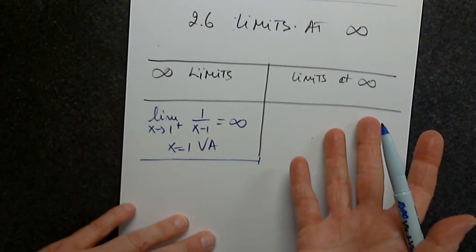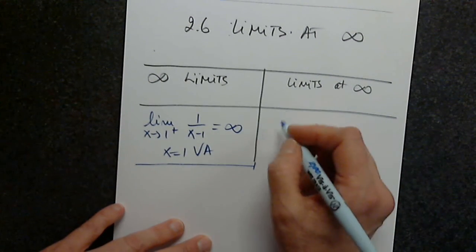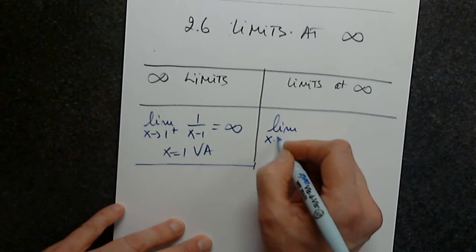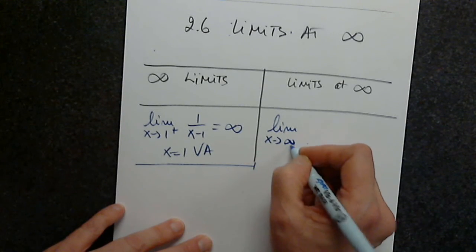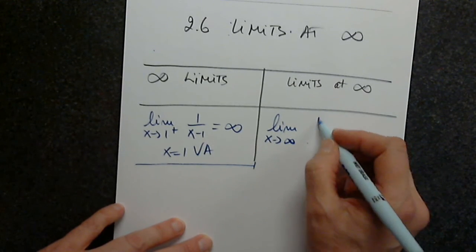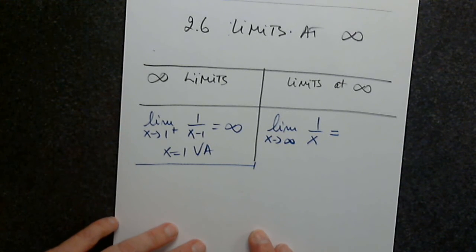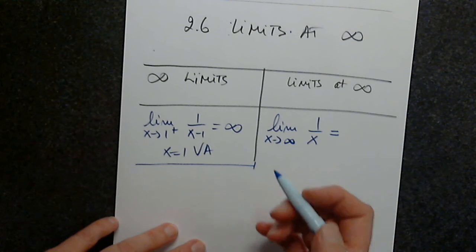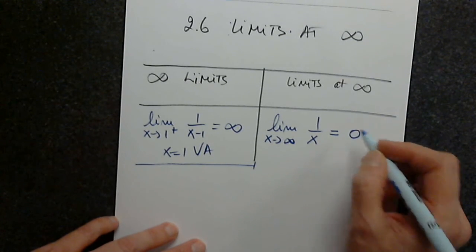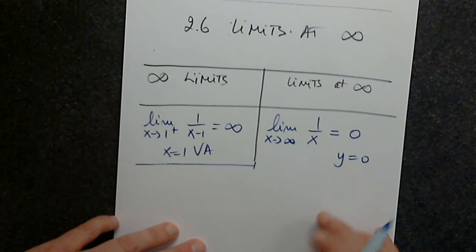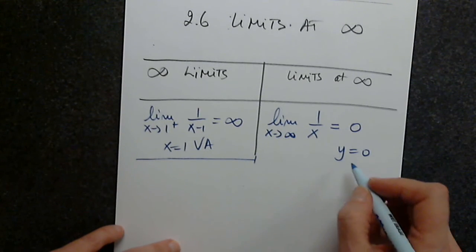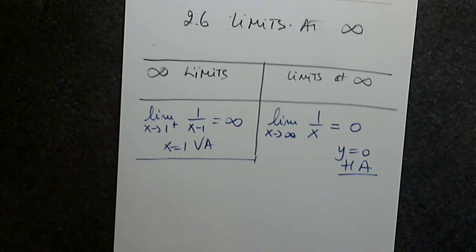Okay, let's talk about this. This is a different story. This is limit when x approaches infinity or negative infinity, for example, of 1 over x. What do you think the answer is? Right, which means y equals 0 represents what? Exactly.